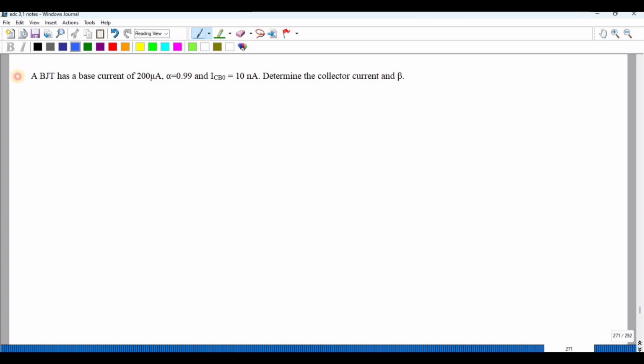So next problem, a BJT which is having a base current IB equal to 200 microamps. You can see the base current is very small, and alpha is equal to 0.99, and ICB naught is equal to 10 nanoampere. So we know that IC is equal to alpha IE plus ICB naught.